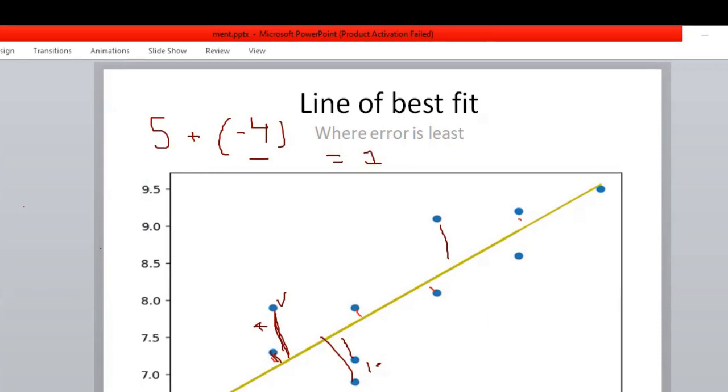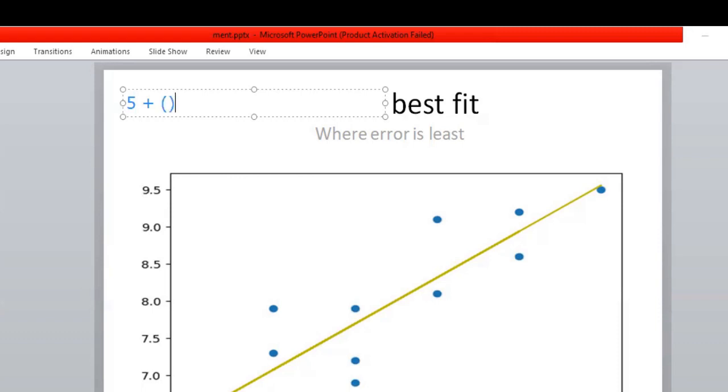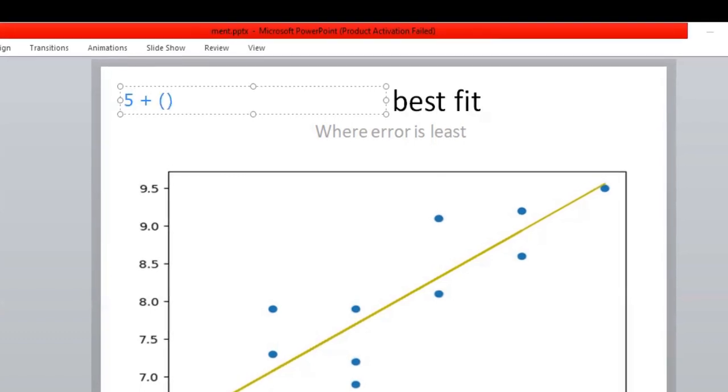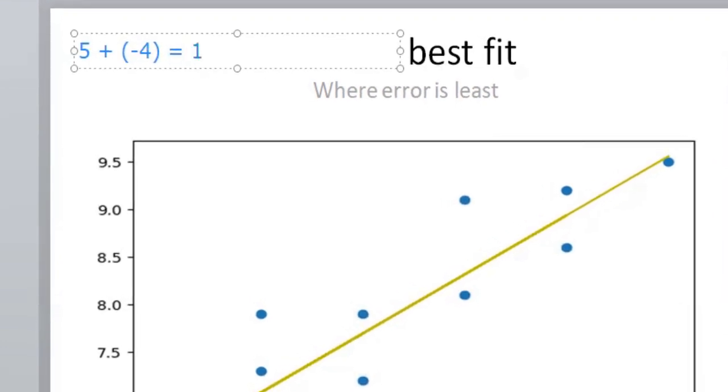What I will do is take squares. I will delete all the annotations first. Okay, I will take squares. What I mean here is, let's say here I had 5 and here we have -4, and that gave me 1.